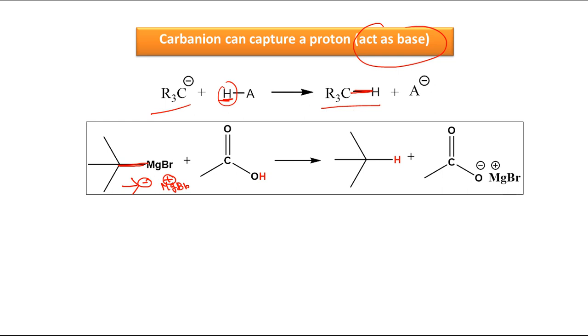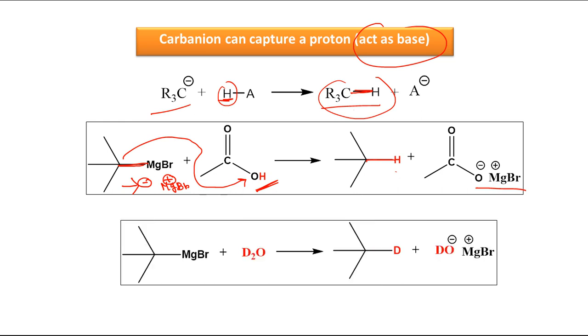In this case we have this acidic hydrogen present in red color. This Carbanion center will attack this hydrogen and ultimately there will be formation of a carbon-hydrogen bond, as you have seen in the general example. And this MgBr part, the positive part, is now attached to this CO2 minus.